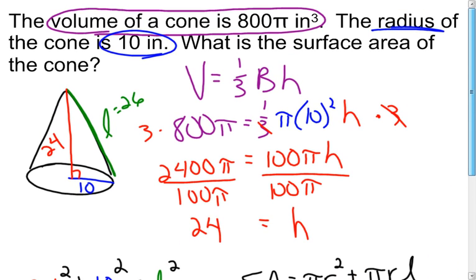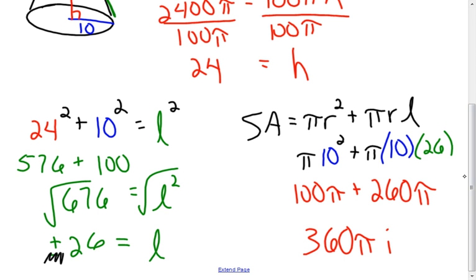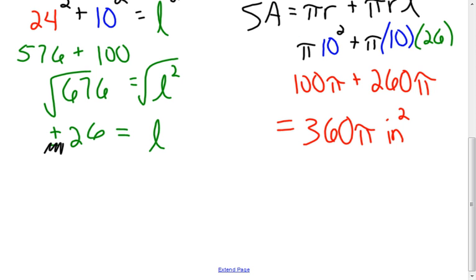Yep, in terms of inches, so inches squared. That is our exact value. Now the approximate value would be 1,130.97 square inches. So depending on what the problem asks for, whether the exact value or the approximate value for the surface area, I have them both right there.